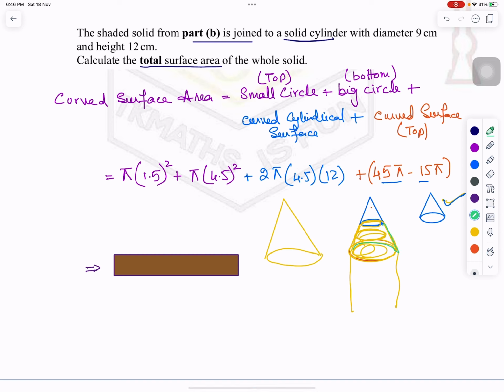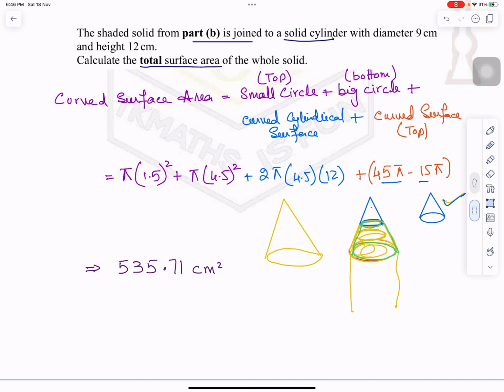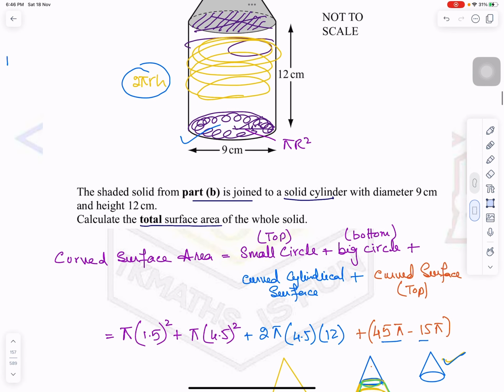We will be left with the curved surface area of this shape. That's why I have subtracted here. And then just put these values in the calculator, nothing else. And you will find out the total surface area of the solid figure which is drawn here.